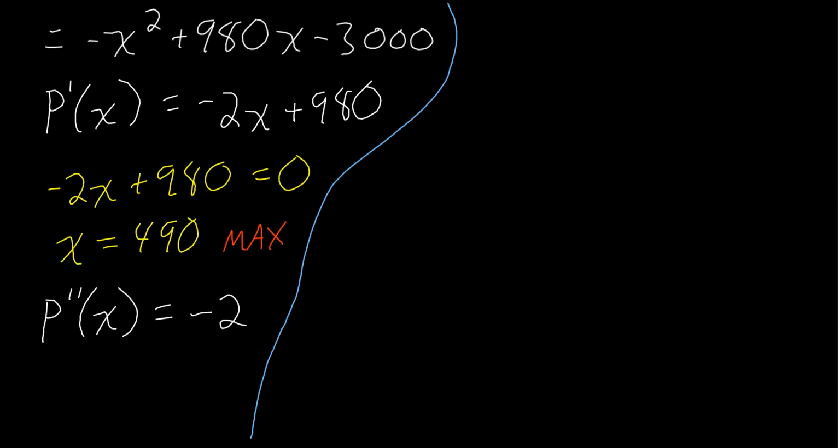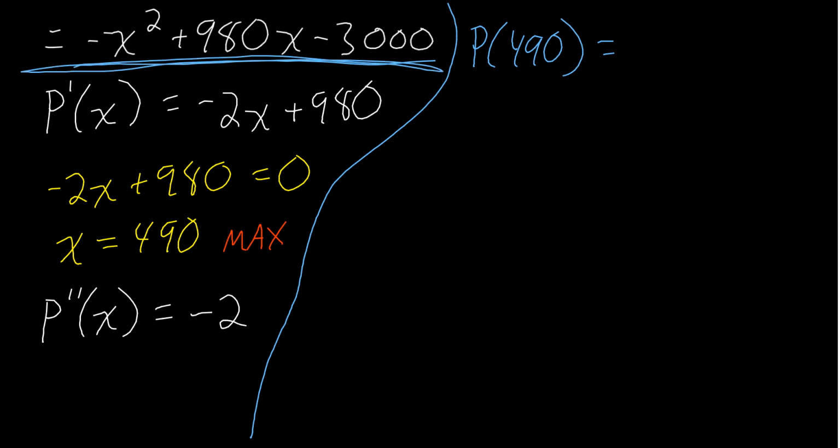So we're going to say P of 490 is going to be equal to, and of course this is P also, so I'm just going to look at that while I put this into the calculator.